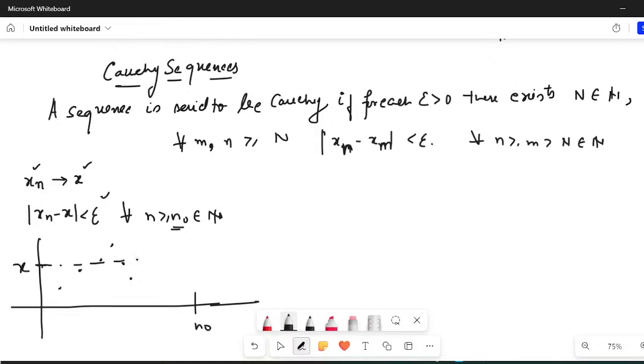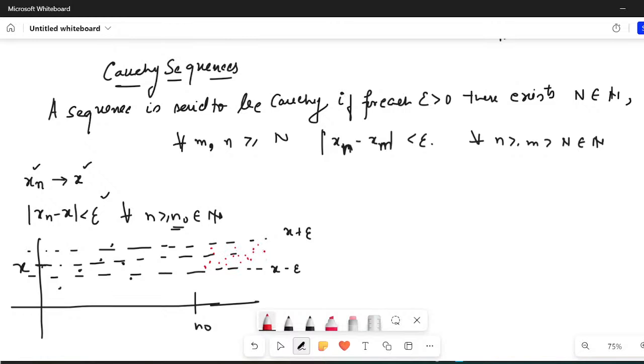All the terms of the sequence that you're getting will be contained in x minus epsilon to x plus epsilon, for all n greater than or equal to some n naught.